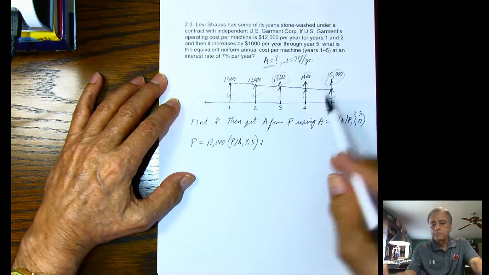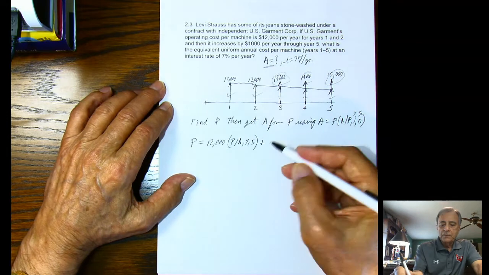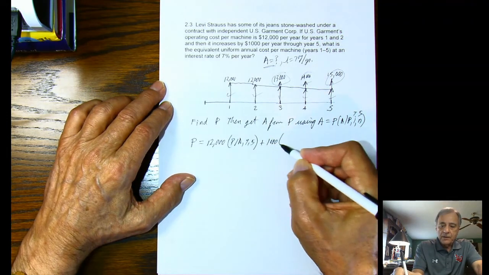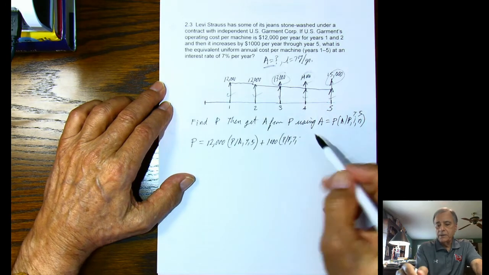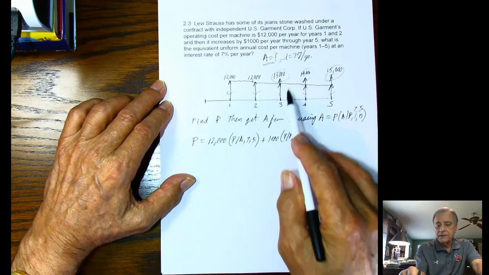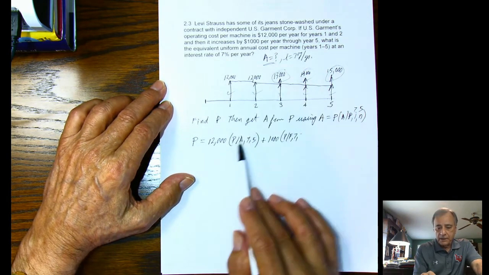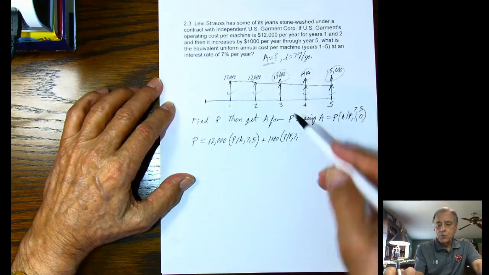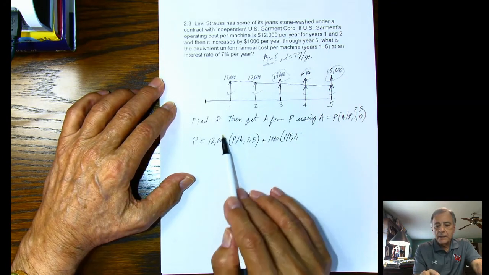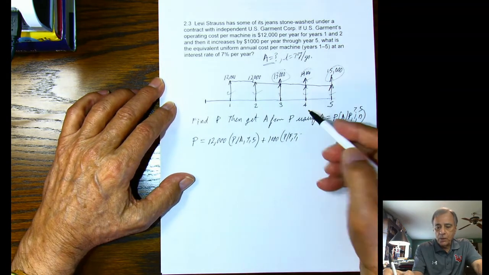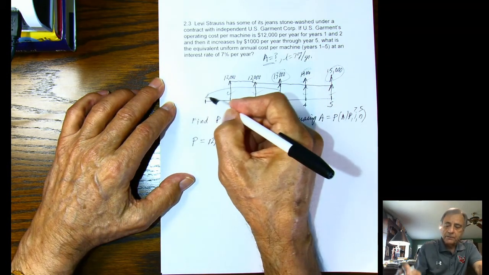Then I'll get the present value of that $1,000. That would be 1,000 P given F, 7% for how many years? Well, it's at time 3, that $1,000 that's left over after I take the 12,000 away. So that goes back 3 years.